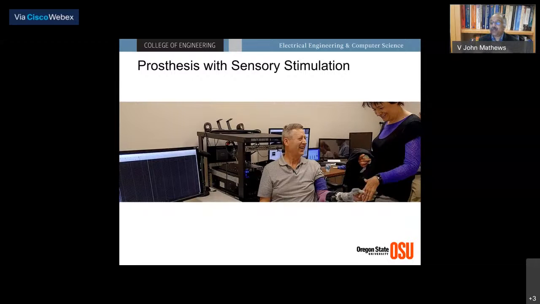He was very impressed. He had been amputated for about 10-15 years, and this was the first time he could feel something in the arm. So the next time he came, he brought his wife so that he could touch her with that arm. That's what's happening here. Just a feel-good story, nothing more than that.